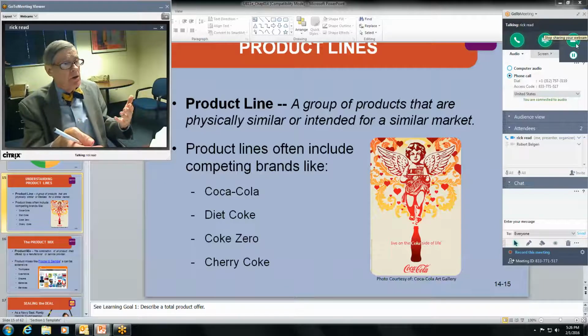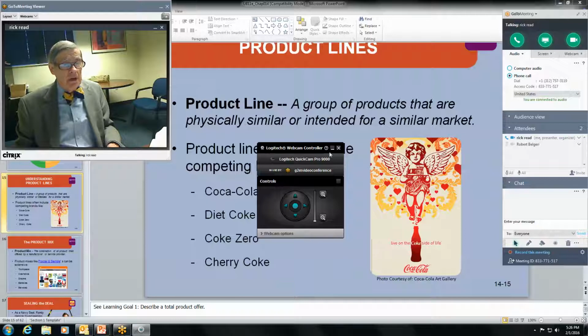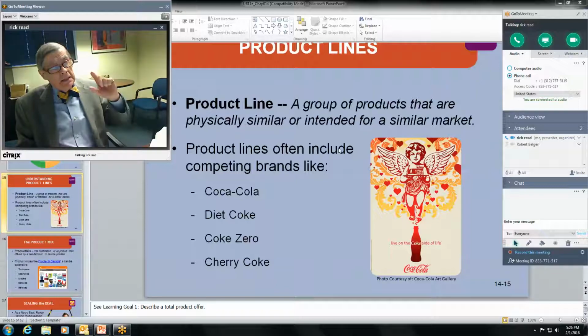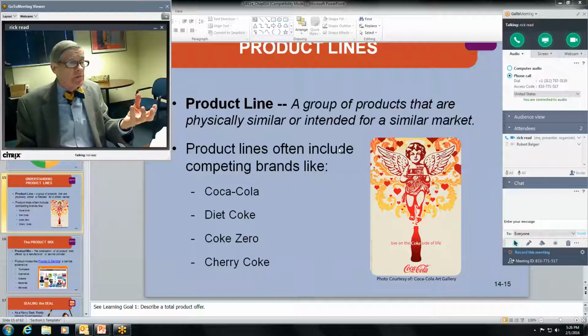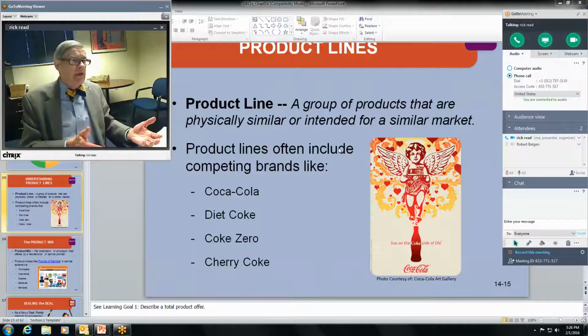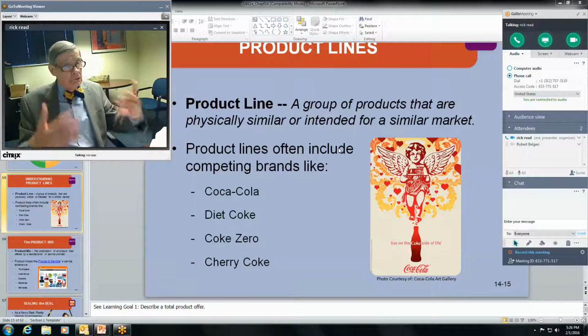Now, what they show here is Coca-Cola and its various differences in Coke, Diet Coke, Coke Zero, Cherry Coke, etc. Even though each of these is different, it's going to the same general market, and that is the people that drink caffeinated soda, caffeinated soft drinks. Although Diet Coke and Coke Zero wouldn't be in it. So maybe I shouldn't have used the word caffeinated. I should have just said people who drink sodas or soft drinks.